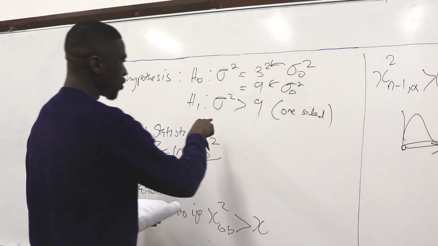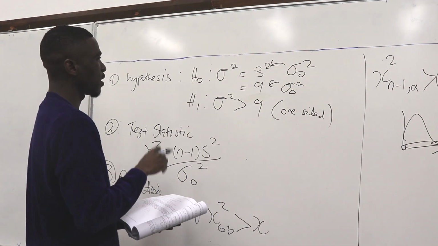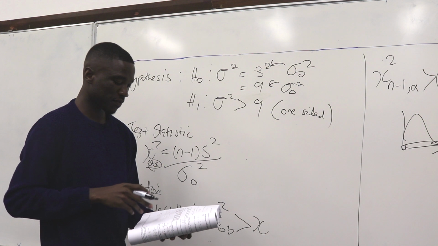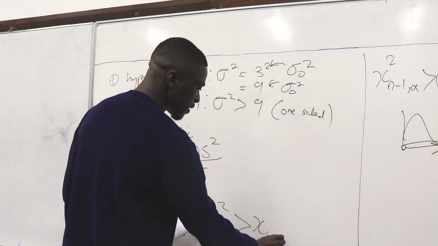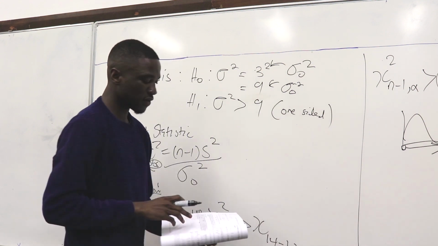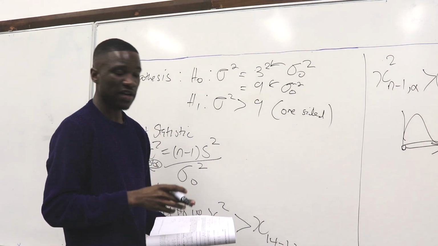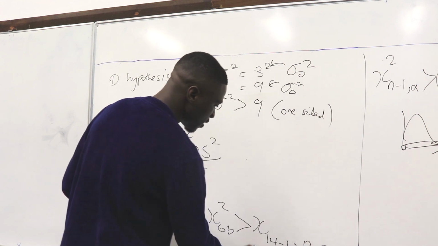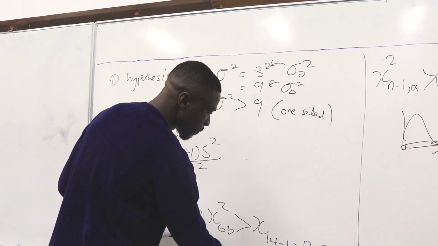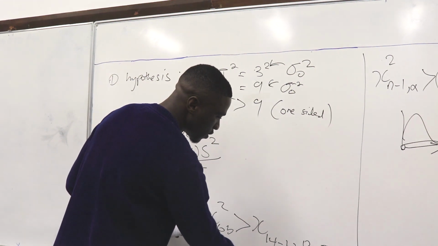than, you remember that we are given n at the beginning, that's why I said pay enough attention, 14, subtract 1, and then we're given our level of significance, which was 5%, so 0.05. So this is the same as 13, 0.05.